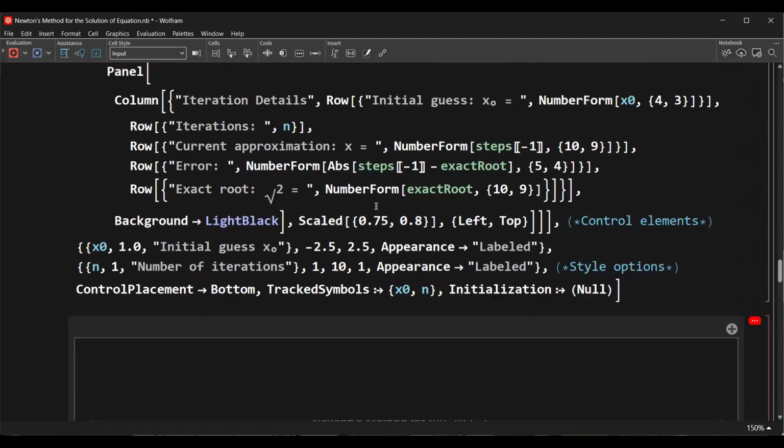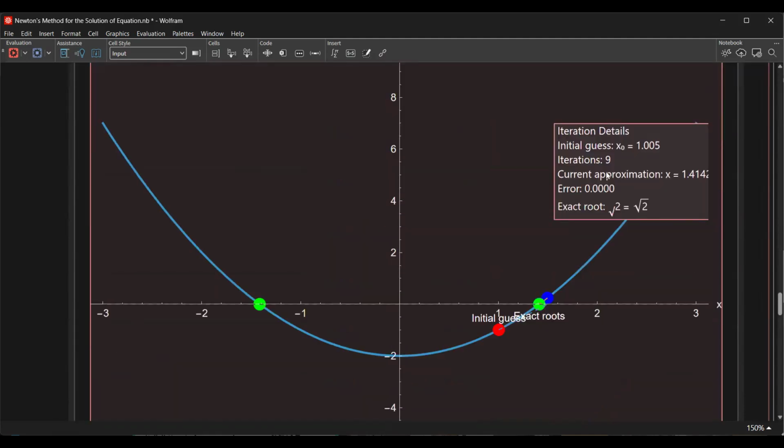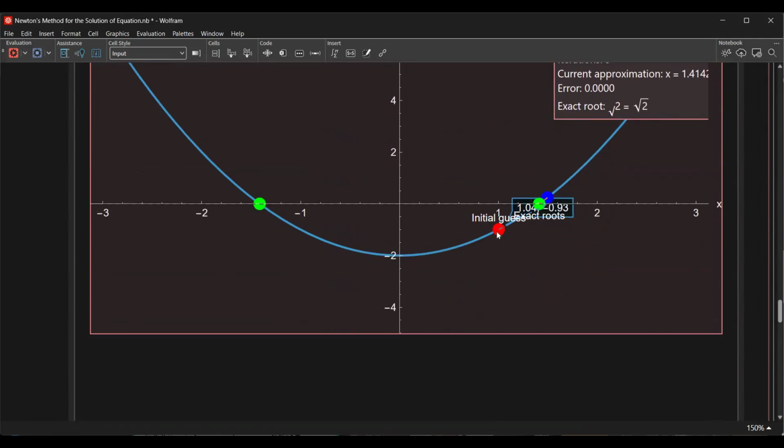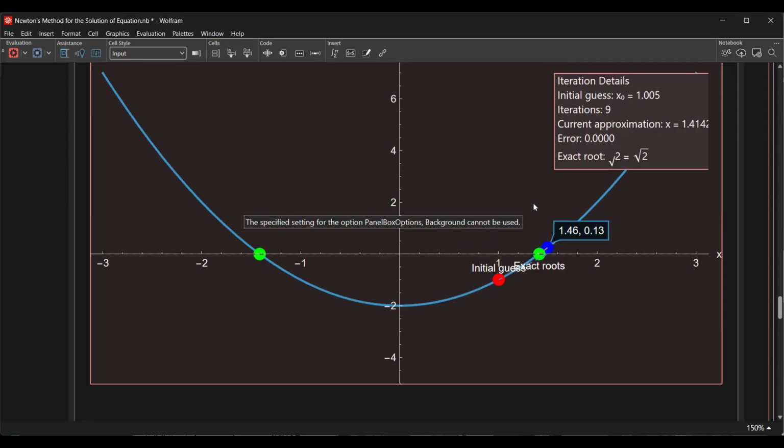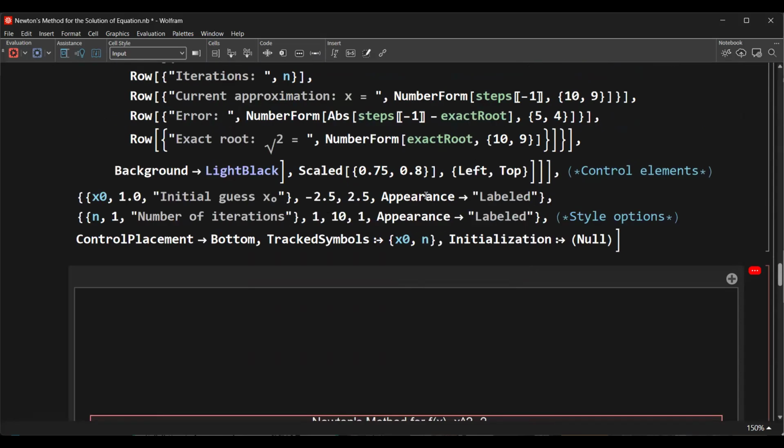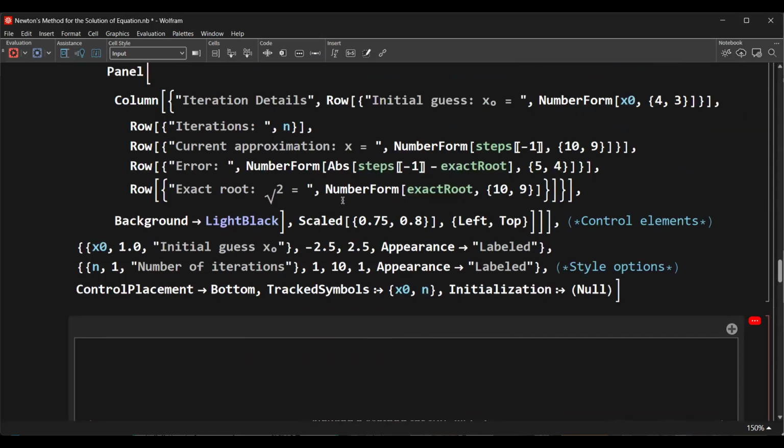Then the current approximation here is equal to 1.4142. So this is the current approximation, 1.414. Then we have the error here. What is the error? Number 4.